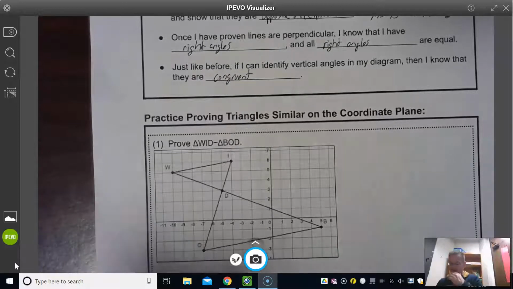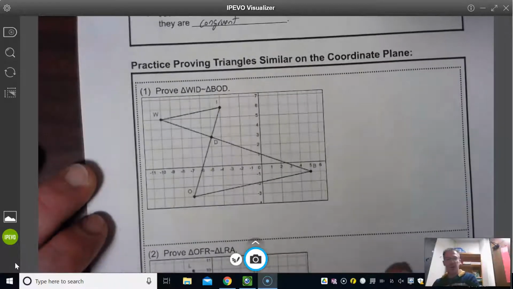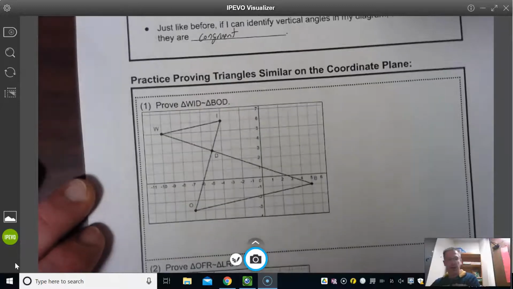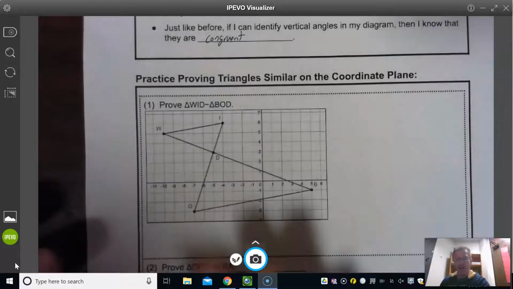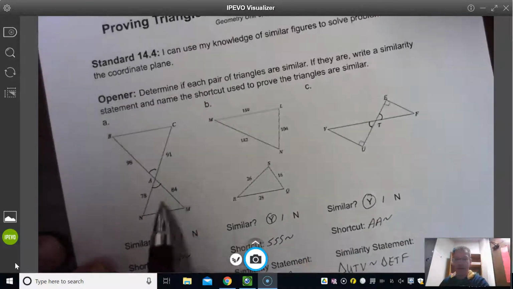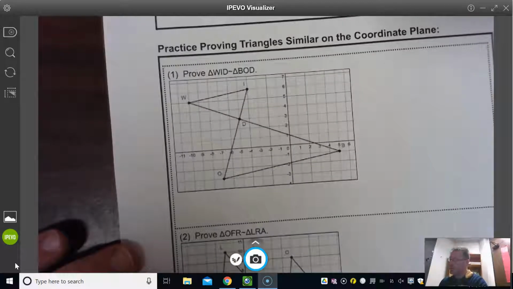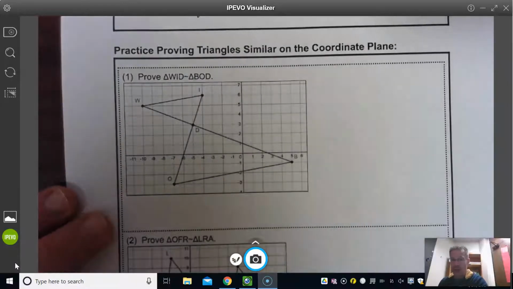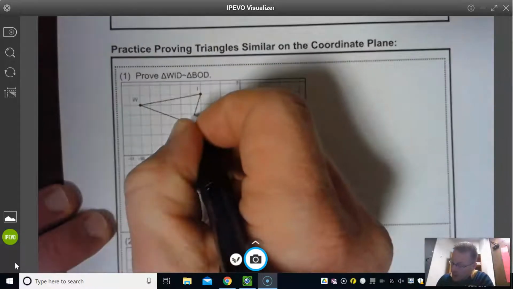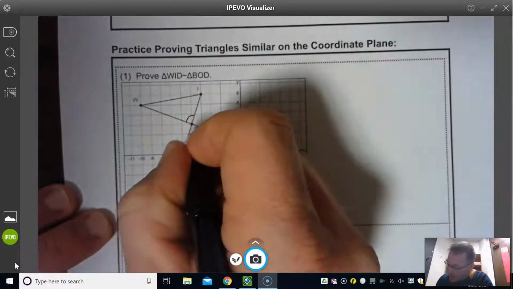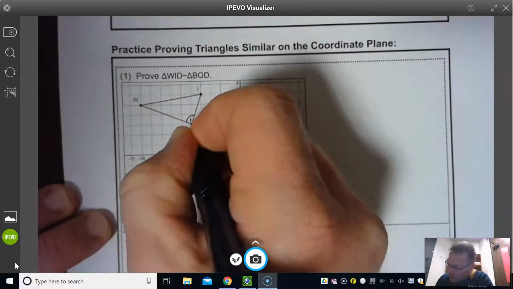So let's look at problem 1 here. Notice with problem 1, it's a figure that's very similar to what we have here. Right away on problem 1, I can see that I have vertical angles. So I'm just going to put angle 1 and angle 2 here.